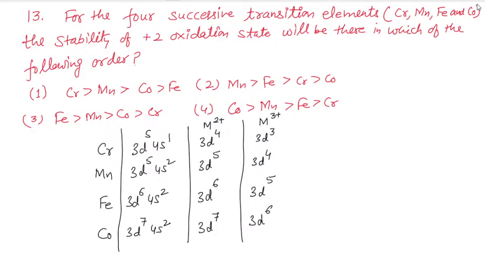In the 2+ state, which one is supposed to be most stable? As we go along the series, Mn2+ seems most stable because it is 3d5, and 3d5 means all the 5 d orbitals have 1 electron, right?